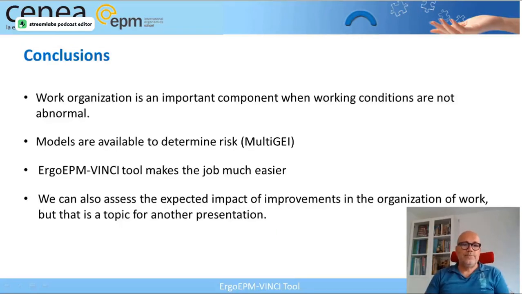As conclusions, we have seen that work organization is a very important component when working conditions are not abnormal. Evidently, we already have mathematical models available to determine risk from variable exposures, whether weekly, monthly or yearly.